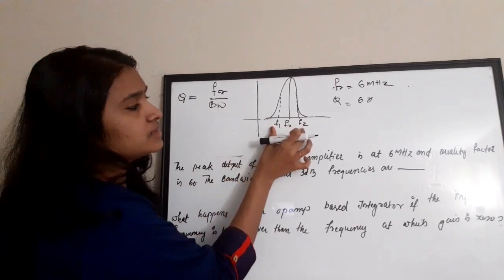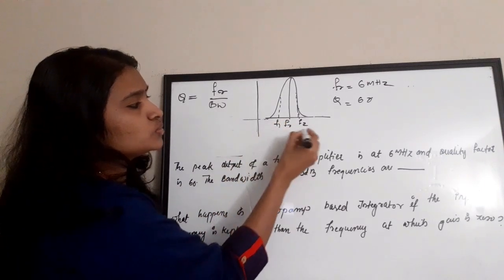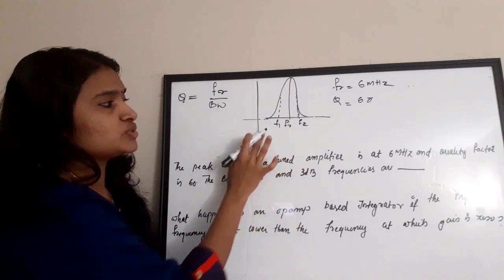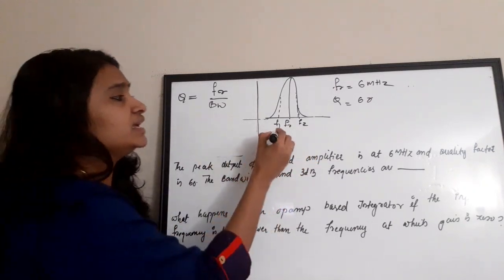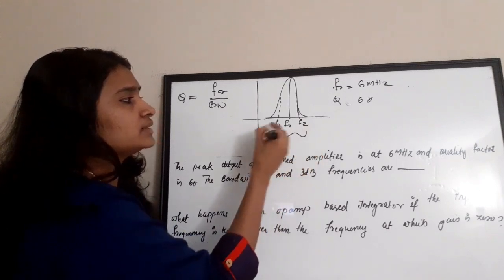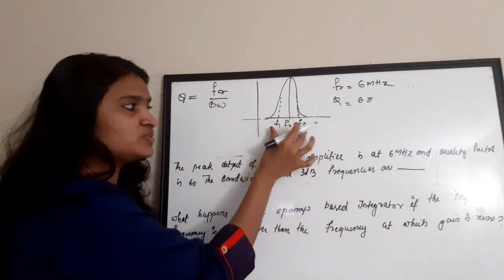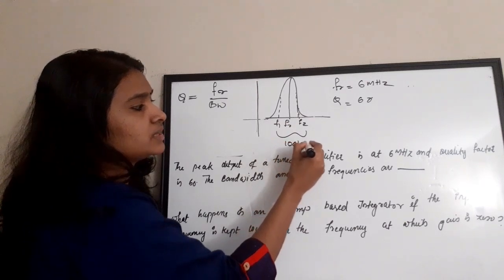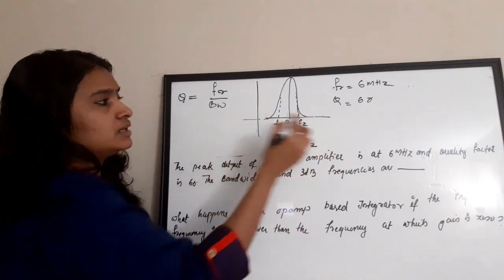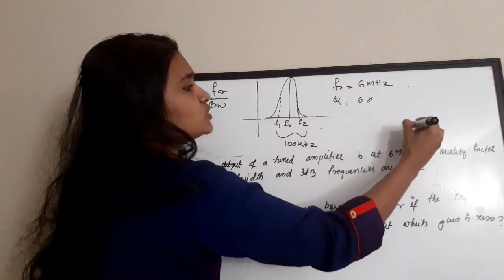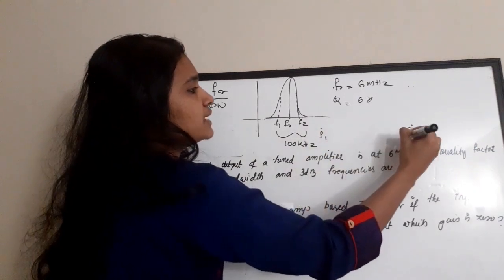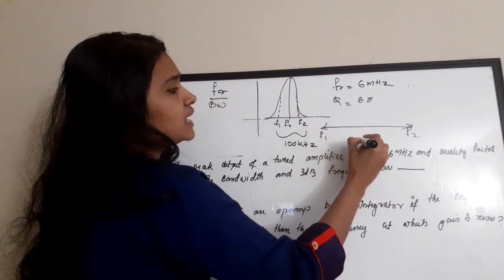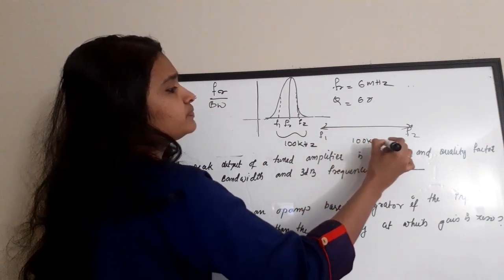See, these are the two 3 dB frequencies F1 and F2. F1 and F2 contribute to the 3 dB frequencies, and in between these two 3 dB frequencies, between F2 and F1, there is 100 kilohertz. This is F1, this is F2, this total frequency is 100 kilohertz, right?